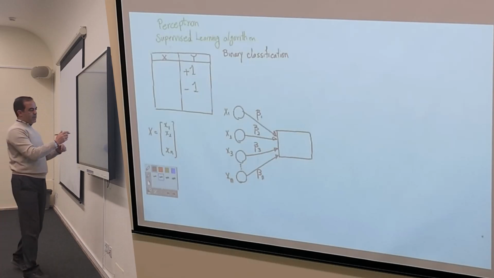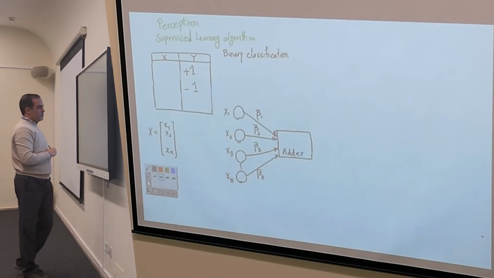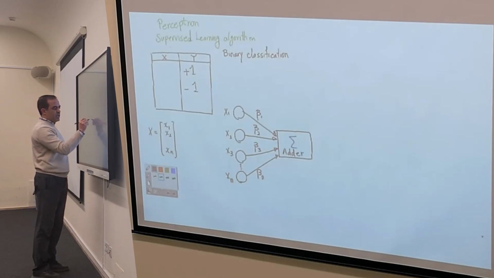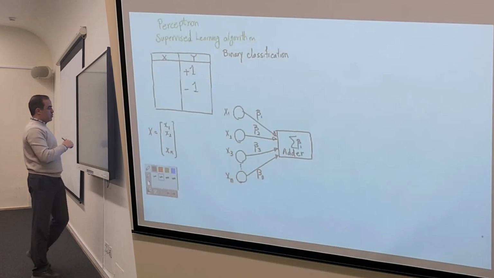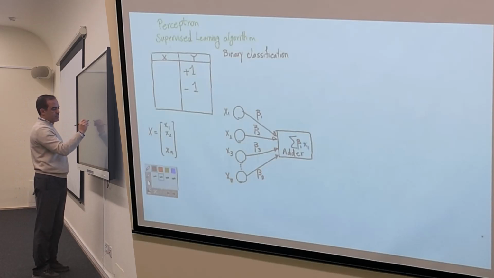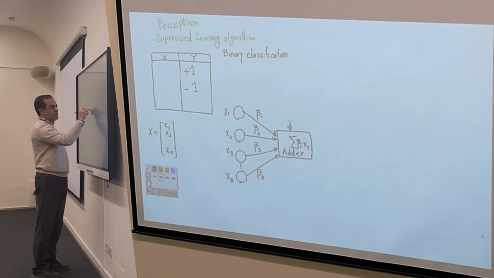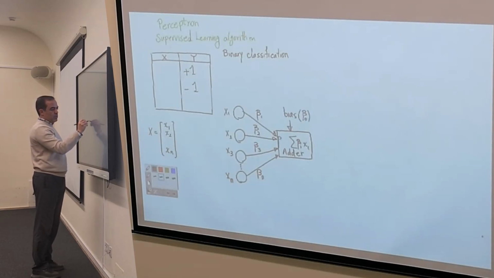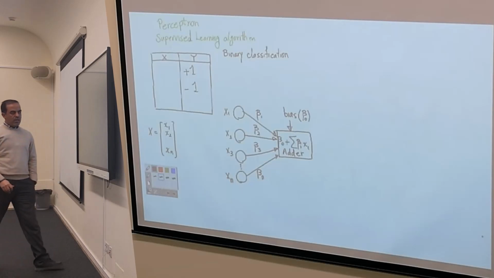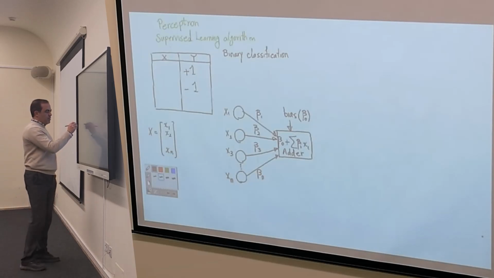So we have here a summation of the multiplication of betas to x's. But also we can add a bias as the beta 0. So beta null can also be added to this adder.